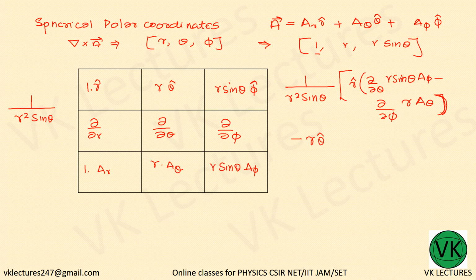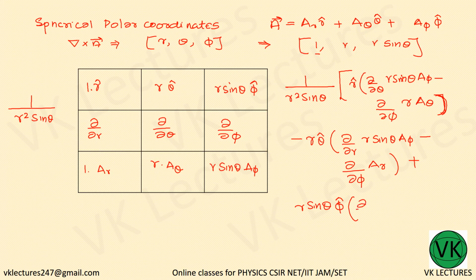r theta cap into dou by dou r of r sine theta a phi minus dou by dou phi of ar, plus r sine theta phi cap into dou by dou r of r times a theta minus dou by dou theta of ar.